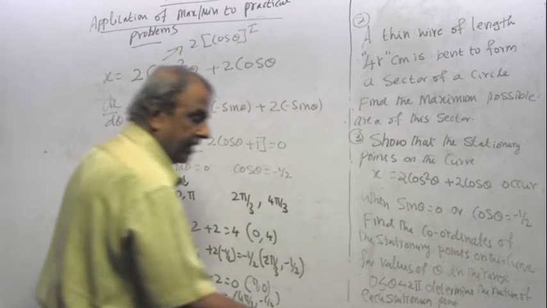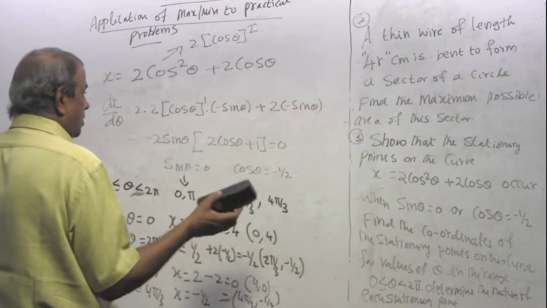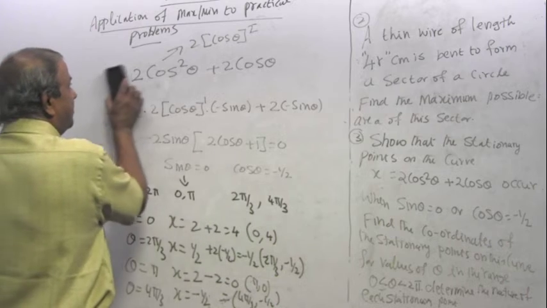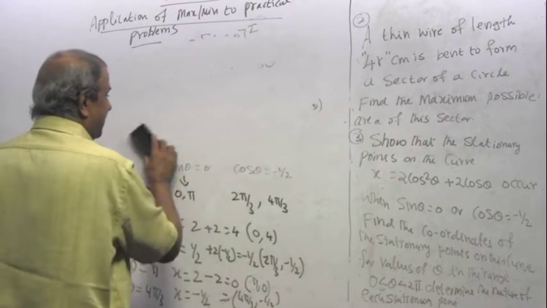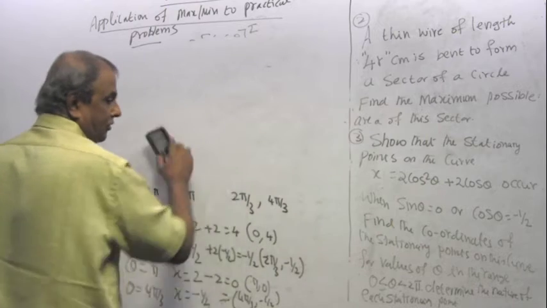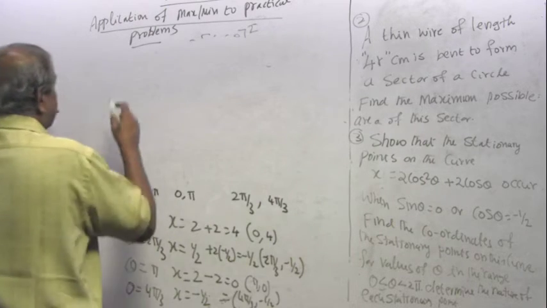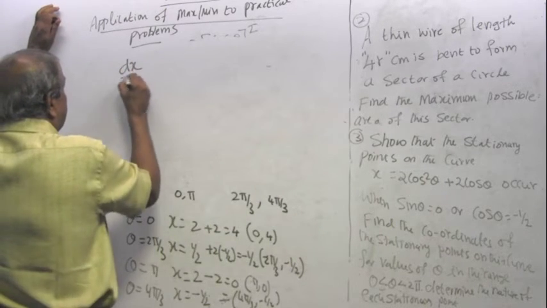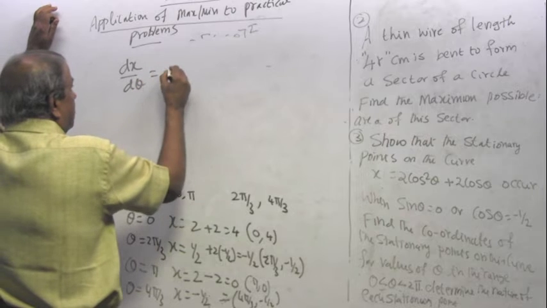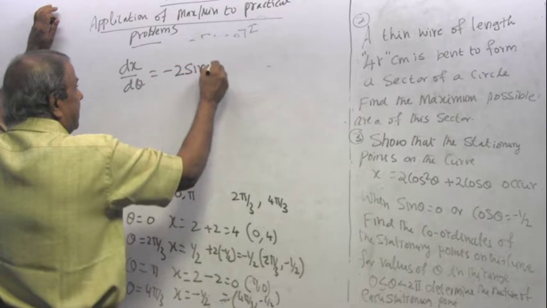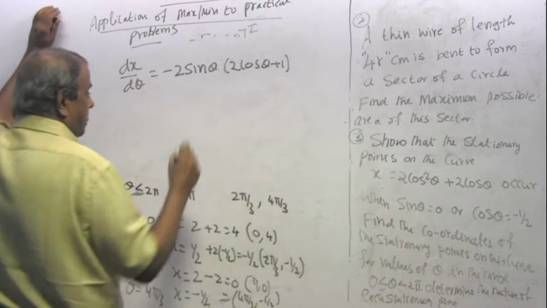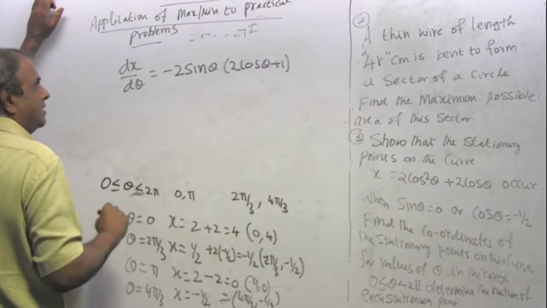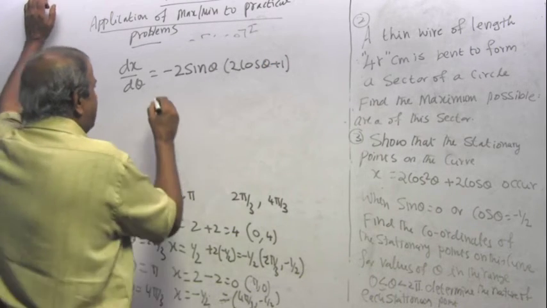You got these 4 points. How will you decide what is a maximum, what is a minimum? For that, to differentiate that expression is going to take a lot of time. So I will write what your dx by d theta was: minus 2 sine theta times 2 cos theta plus 1. And then I can make life easier.